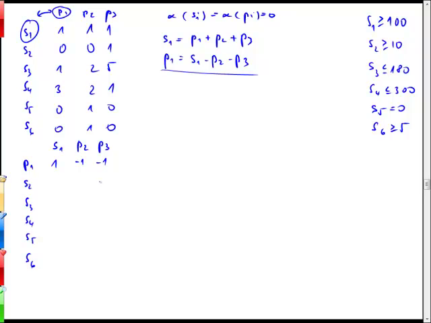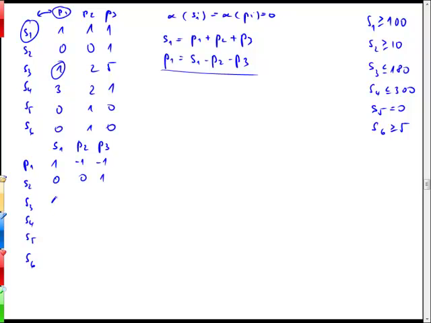And now for the other lines, again, I replace the coefficient for P1 by the coefficient times the first row. So for S2, nothing changes because it was independent of P1.